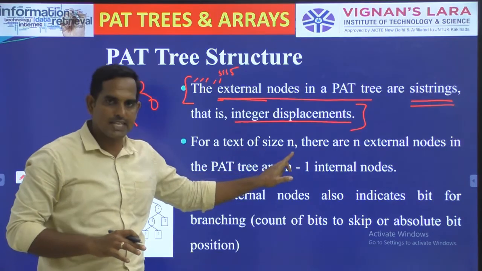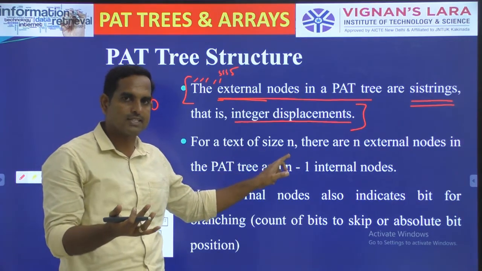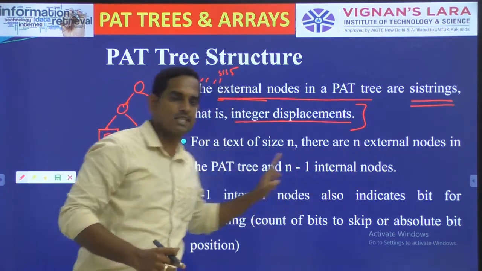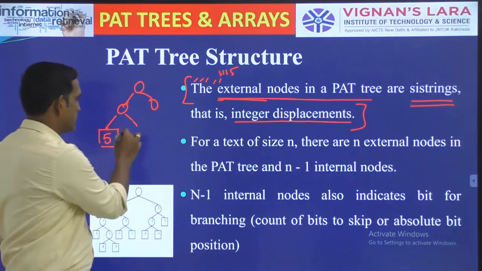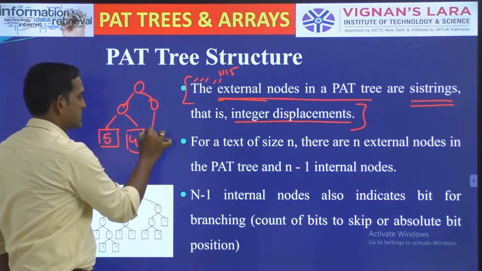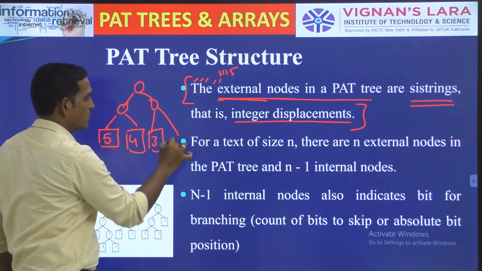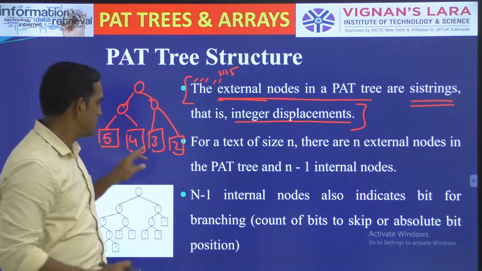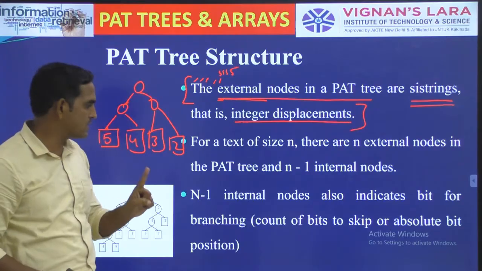For a text of size n characters, there are n external nodes, that is each and every external node will be pointing to a particular character, or a particular string. Each node will be pointing to one string.